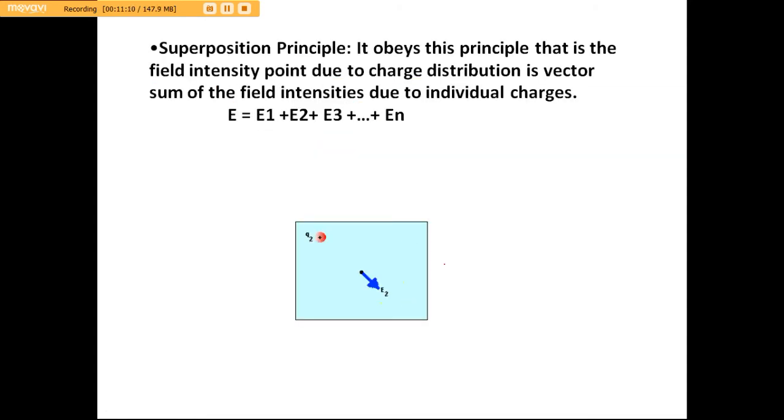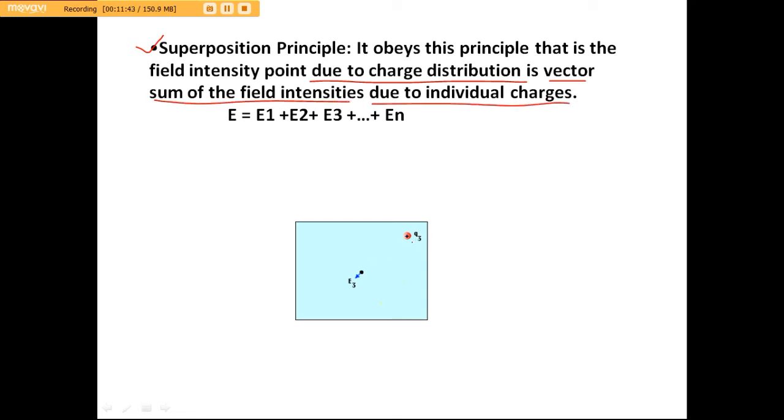Now come to the superposition principle, one of the most important characteristics of the electric field. According to this principle, the field intensity may vary at each and every point, but for any charge distribution it is the vector sum of the field intensities due to the individual charges.